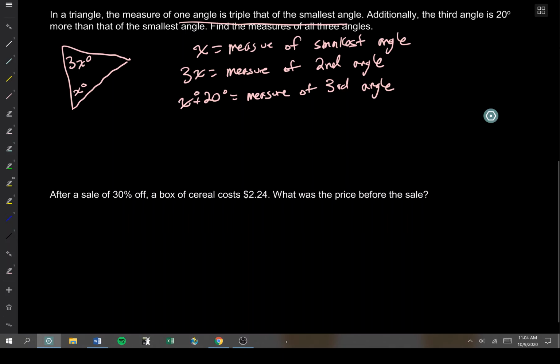Now, because it's a triangle, we know that the measure of angle 1, plus the measure of angle 2, plus the measure of angle 3, all has to add up to 180, and we can solve, because this angle here was going to be x plus 20 degrees.